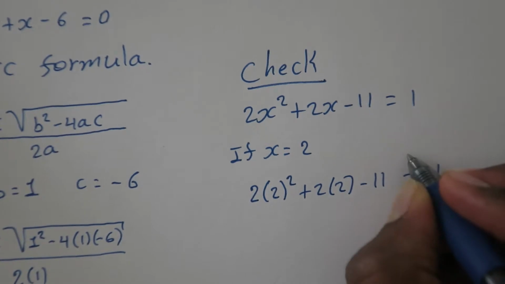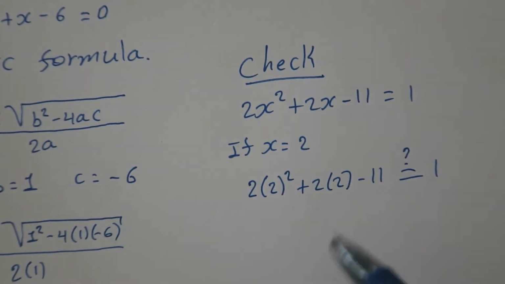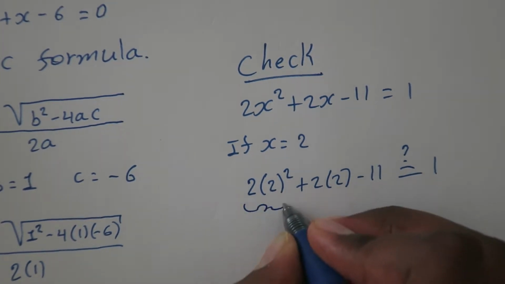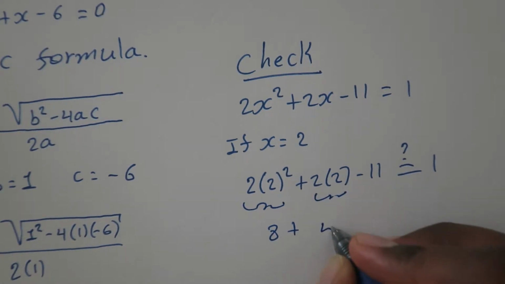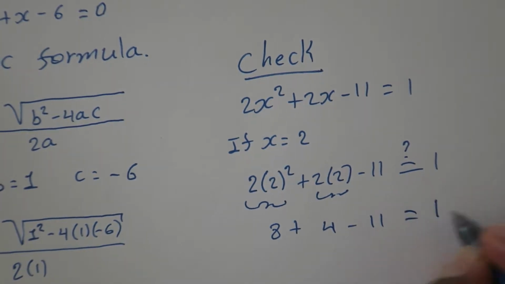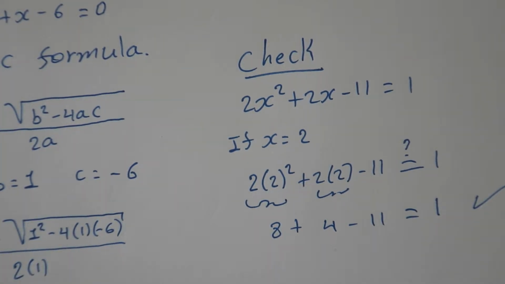Is this equal to positive 1? Well, 2 squared is 4, times 2 is 8, so this right here gives you an 8, plus that changes into a 4, minus 11. 8 plus 4 is 12, minus 11 equals 1. And this does work. So you can always check your solution just to be sure.